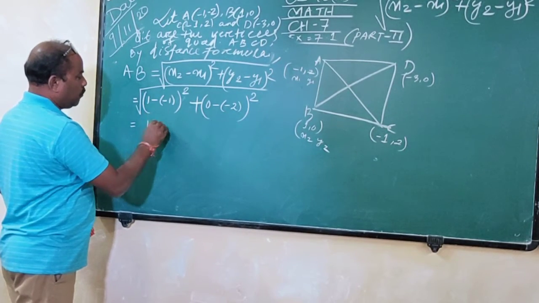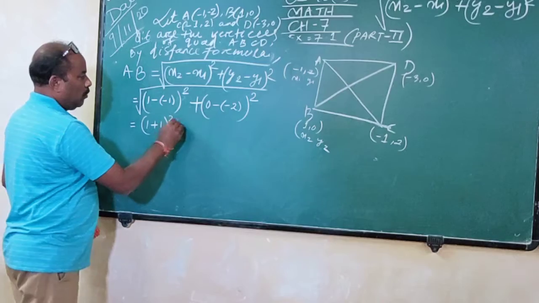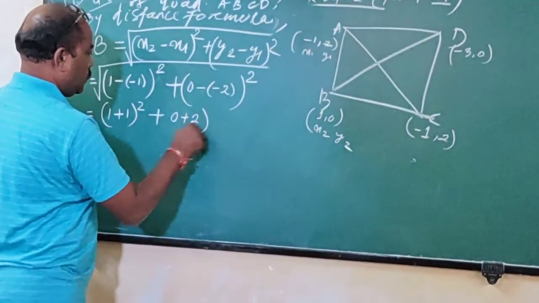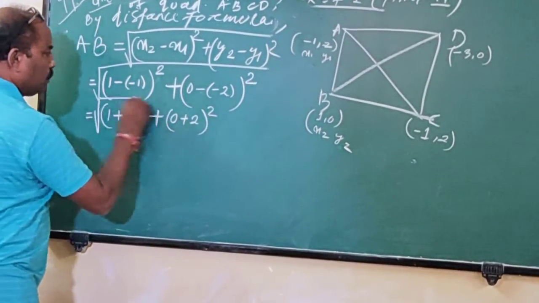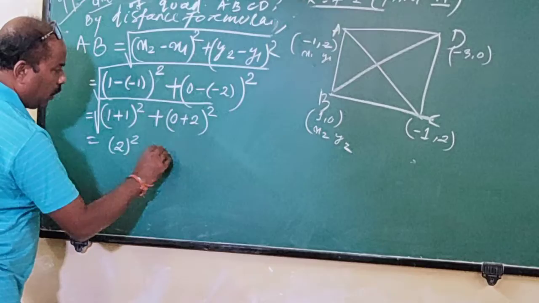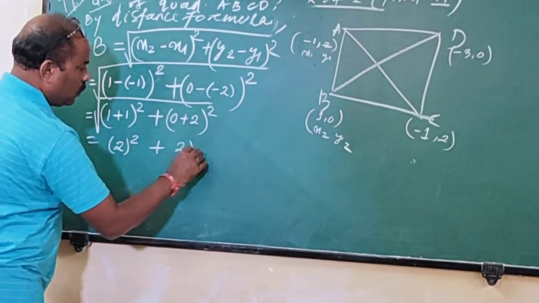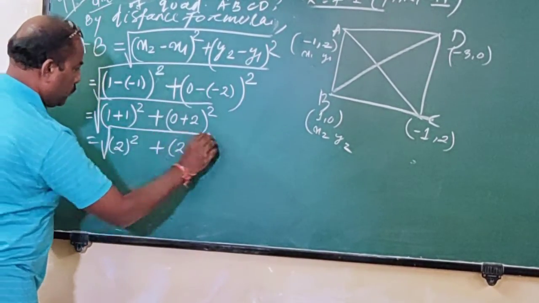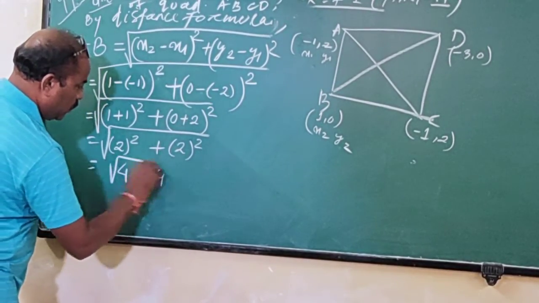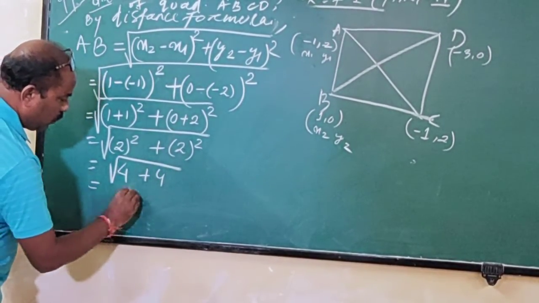Square of (1 − (−1)) ... that is (1 + 1) whole square plus (0 − (−2)) whole square, under root. So 1 + 1 = 2, whole square, plus 0 + 2 = 2, whole square, under root, equal to 4 + 4 under root, equal to root 8.